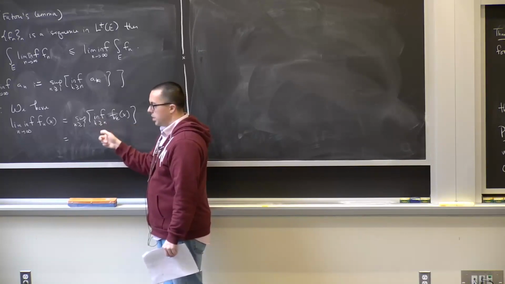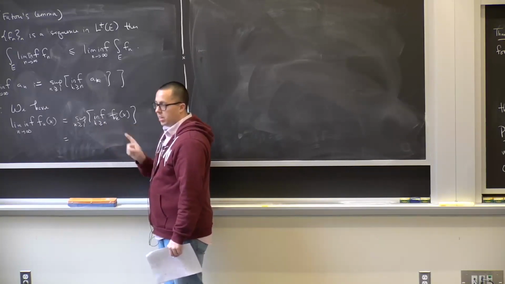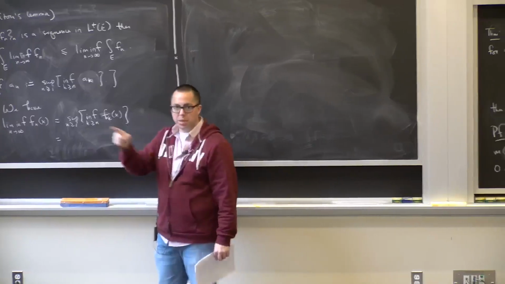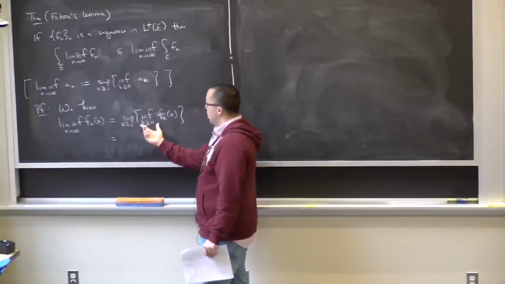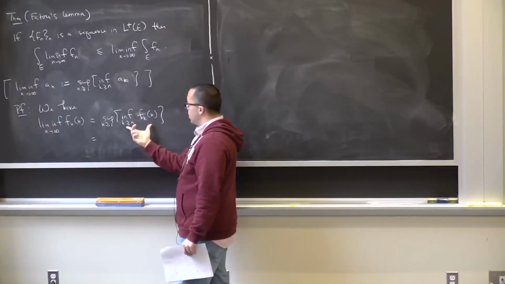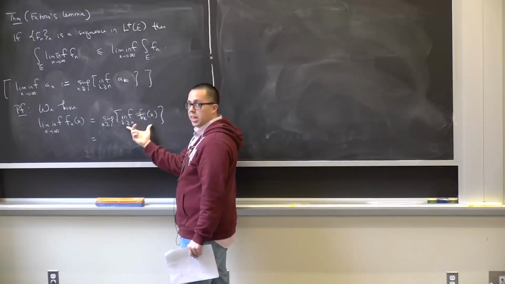Well, this inf is being taken over a smaller set, and the inf of a smaller set is bigger than or equal to the inf of the larger set. So this thing in brackets is increasing in n.